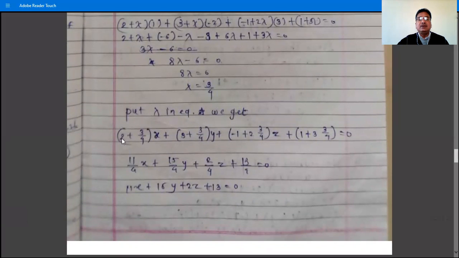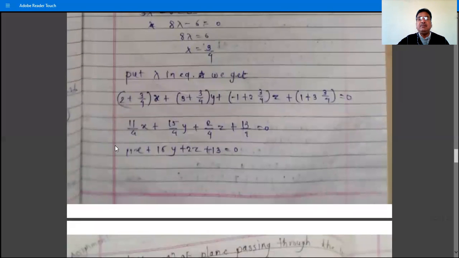Taking 4 as the LCM: 11 by 4 x, 15 by 4 y, (-4 plus 6) is 2 by 4 z, and 4 plus 9 is 13 by 4.